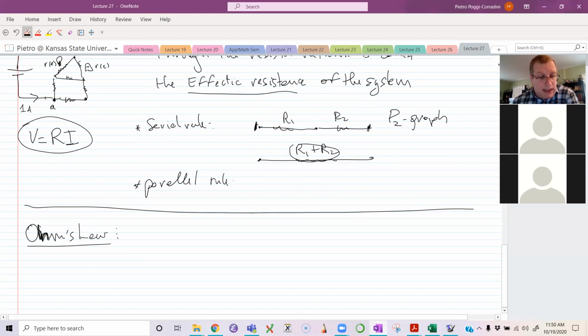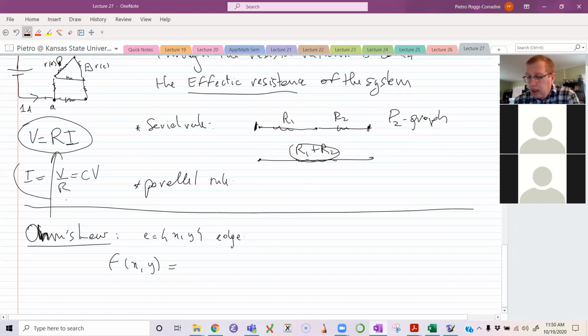Ohm's law says that if you have an edge xy, then the current is V over R. The reciprocal of R, we can think of as the conductance. 1 over R is the conductance.